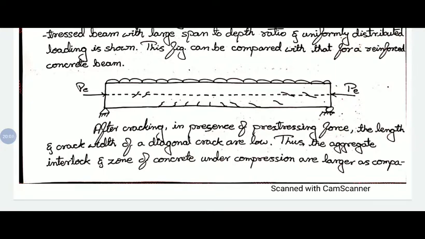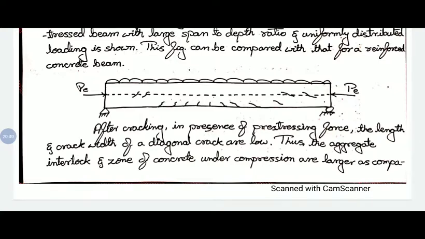Thus, the aggregate interlock and the zone of concrete under compression is larger as compared to a non-prestressed beam under the same load. So that means the resistance due to interlock and the hardened concrete in that particular zone is larger when you compare it with a non-prestressed beam under the same load.